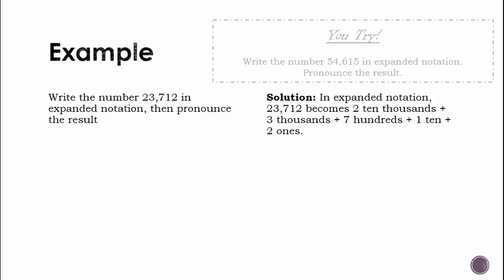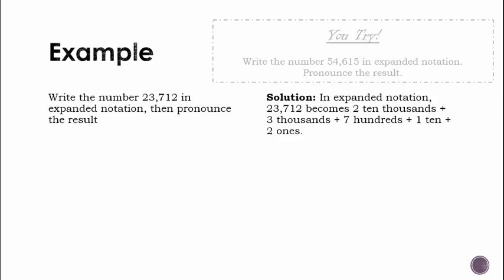And notice how I start on my right and work my way to the left. The 2 is in the 1s spot, and it goes 1s, 10s, hundreds, thousands, 10,000s, 100,000s, millions, 10 millions, 100 millions, and so on. So that's how I know where my numbers lie.